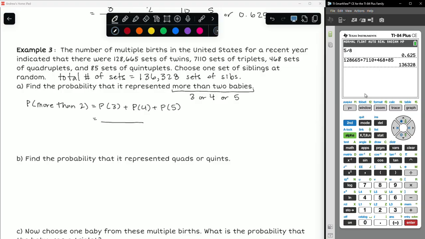So I'm going to set up our probability fractions. I know that there are 136,328 sets of siblings, so that forms the denominator of my probability fraction.